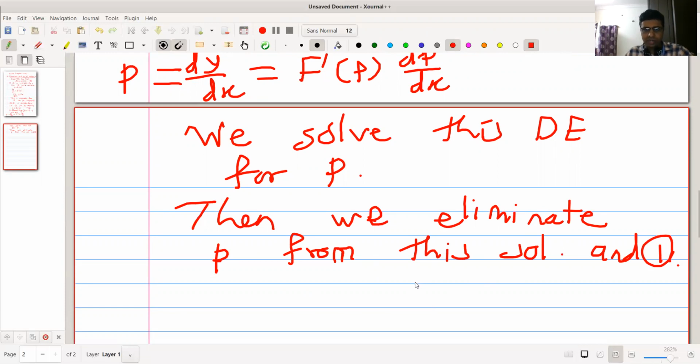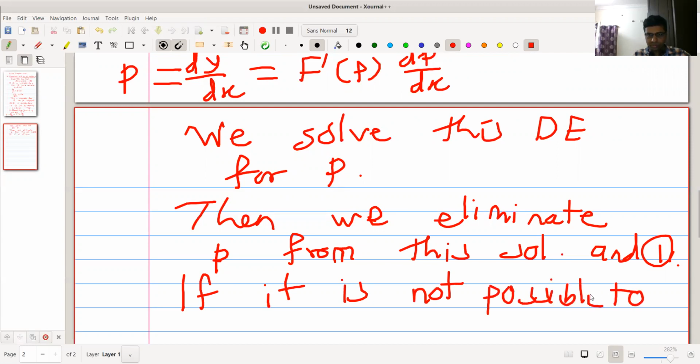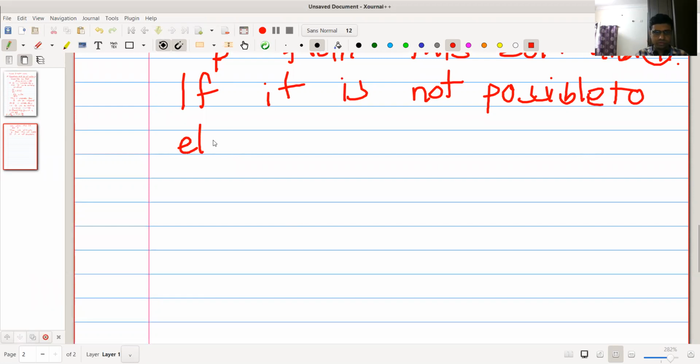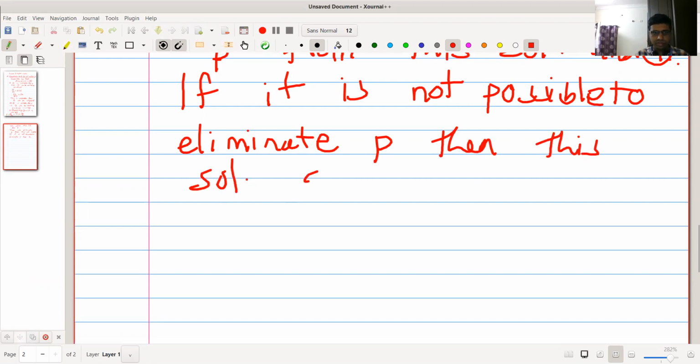In that case, the solution of this differential equation in p and equation 1 form the required solution.